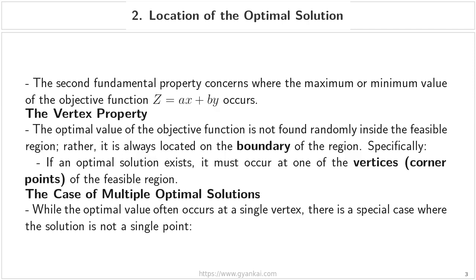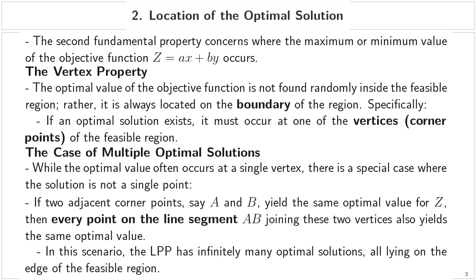However, there is one special case we must be prepared for, which is the case of multiple optimal solutions. While it is very common for the optimal value to occur at just one single vertex, it is possible for the solution to be more than just a single point. Imagine if you have 2 adjacent corner points, let's call them point A and point B, and you calculate the value of z for both, and they yield the exact same optimal value.